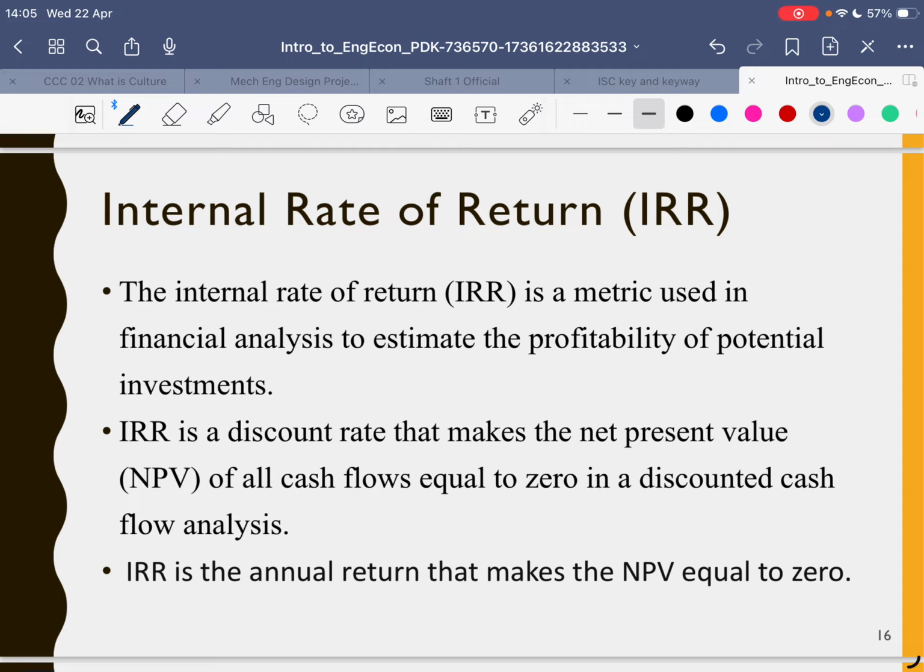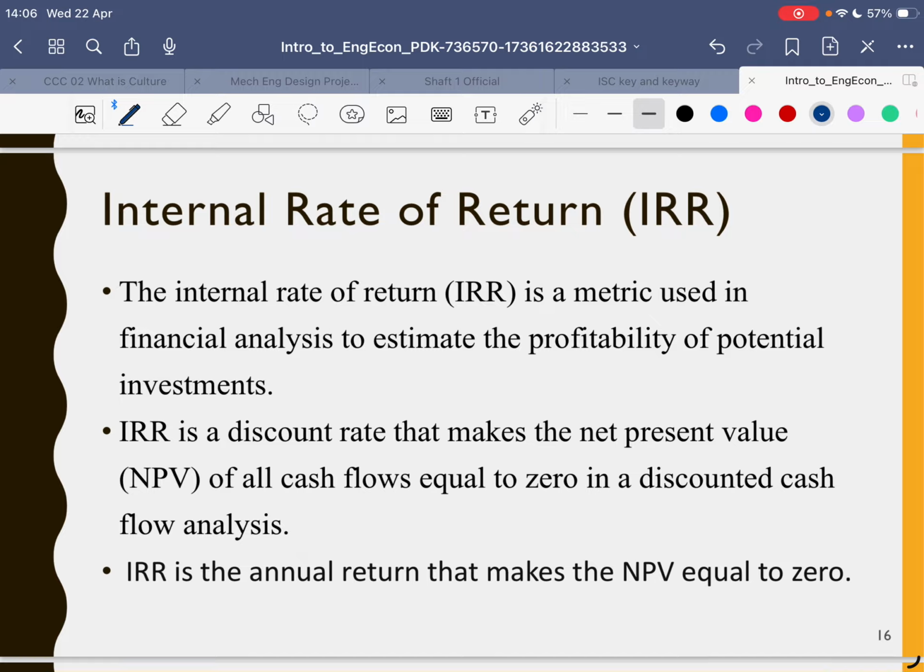In order to calculate IRR, you need to find the interest rate or discount rate, the same thing, that makes net present value equal to 0. And that is what I wrote here. The formula to determine IRR is: you want to make NPV equal to 0 and find this IRR.